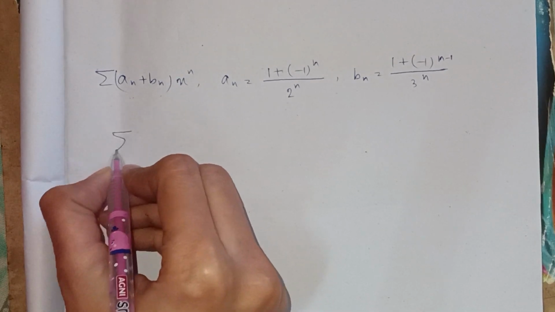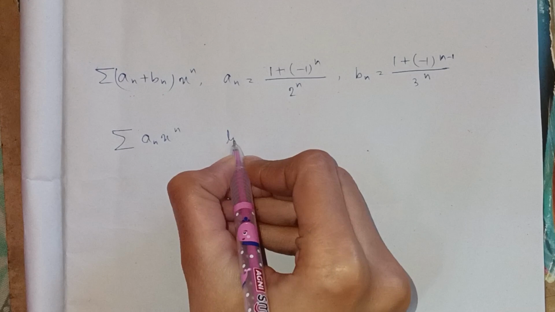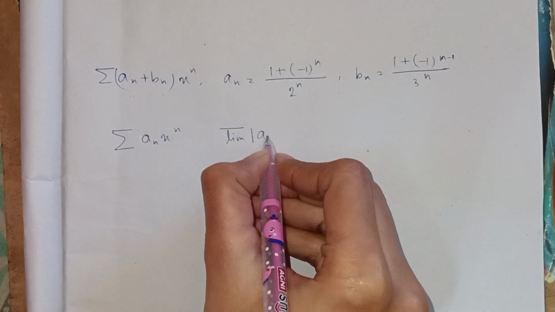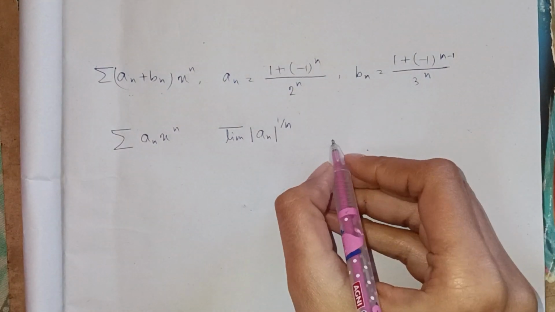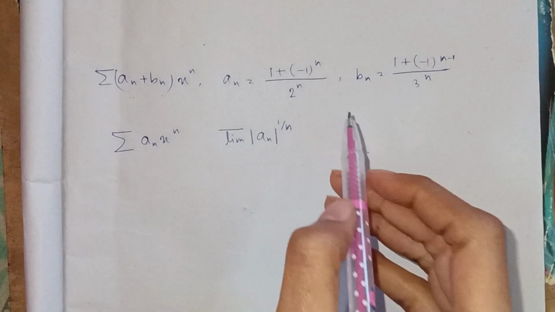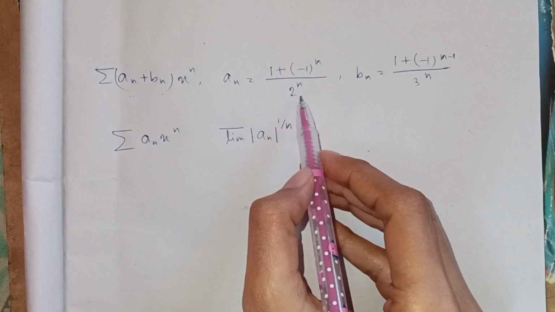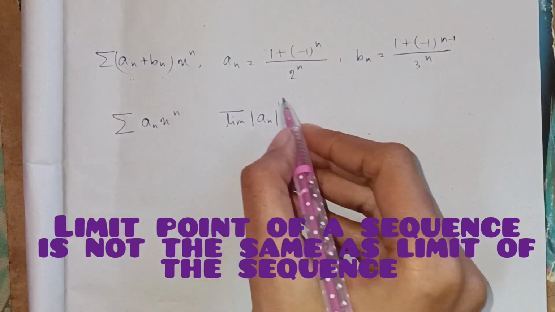So for the first power series, an x to the power n, we have to find limit superior of mod an whole to the power 1 over n, right? Now notice here there are two limit points in this sequence. Two limit points, not two limits. Okay, two limit points for this sequence.